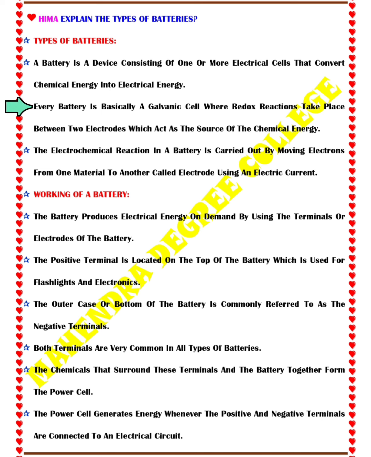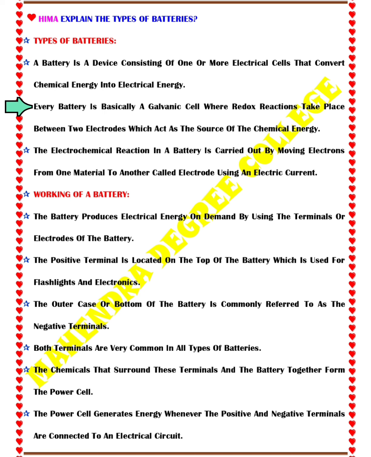Every battery is basically a galvanic cell where redox reactions take place between two electrodes which act as the source of the chemical energy. Explanation of each part. Every battery is basically a galvanic cell.